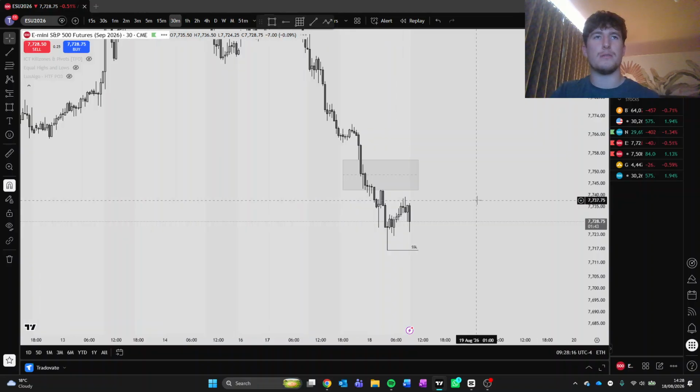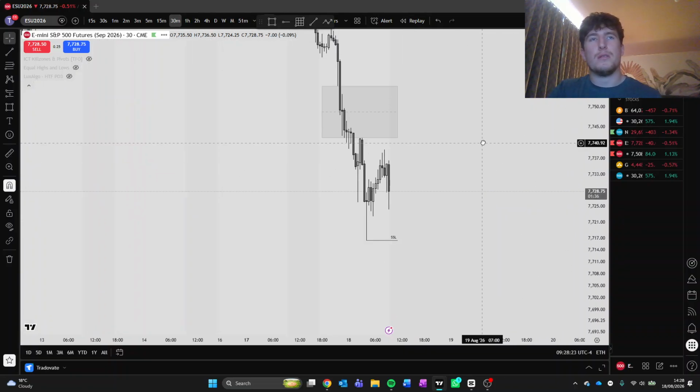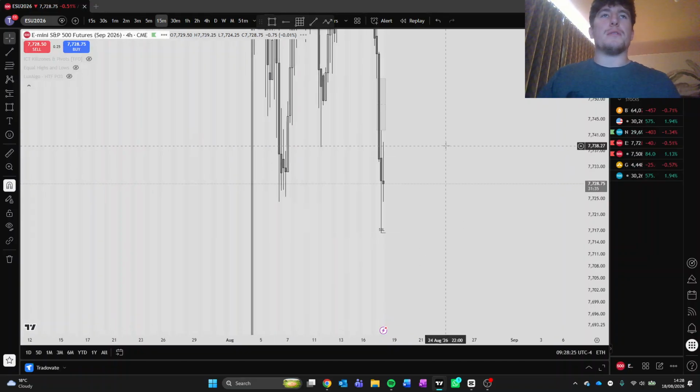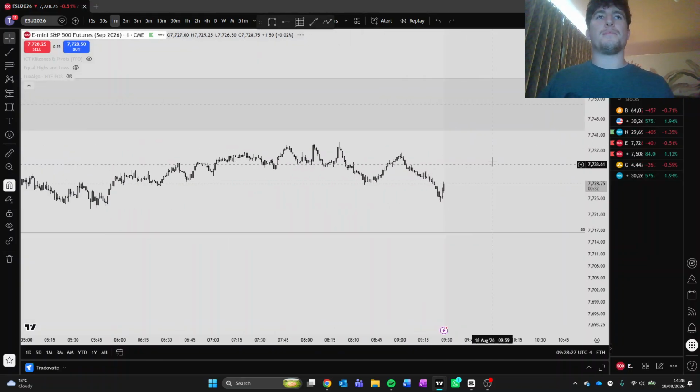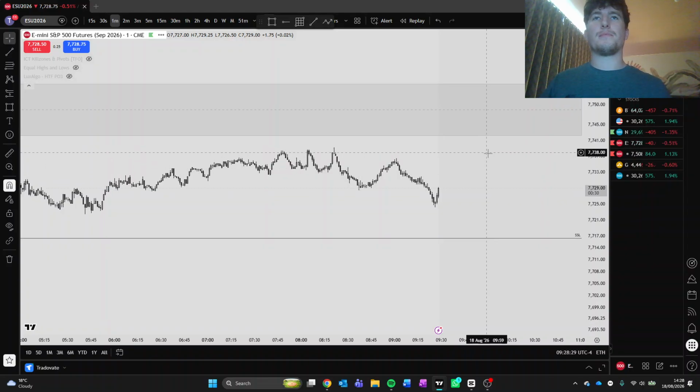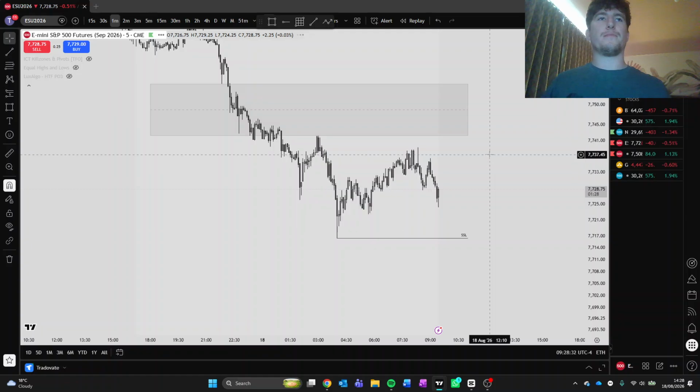There's no 1 hour intermediate there. There's no 30-minute. Have we closed above the 30-minute? No. I would want ES to come into the 4 hour before moving down. It's one of those ones where it's just a bit tough to read.